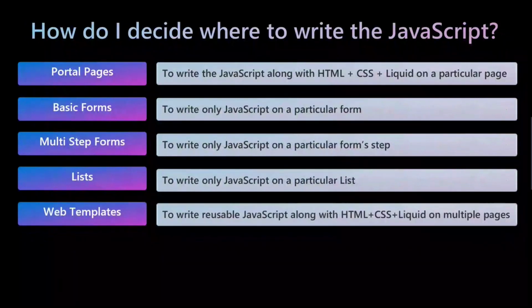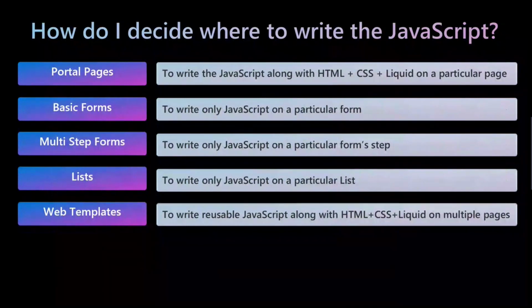Web template. If you have to write any reusable JavaScript along with the HTML, CSS, and liquid on multiple pages. So web template is basically the concept that provides you template-based coding. The concept of the template is basically to reuse your code.